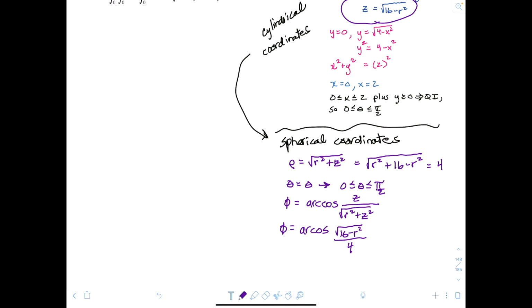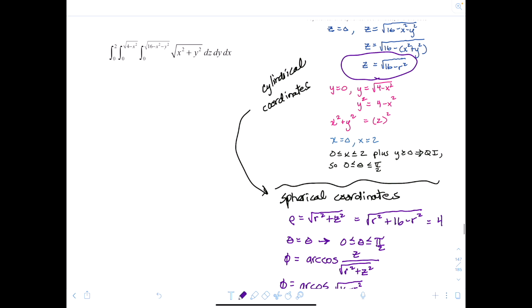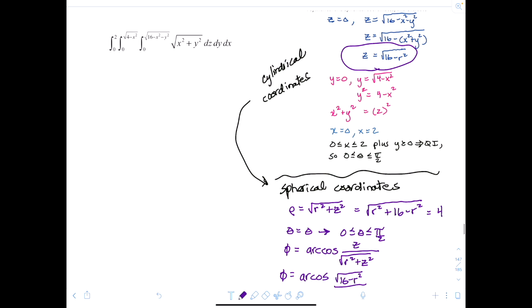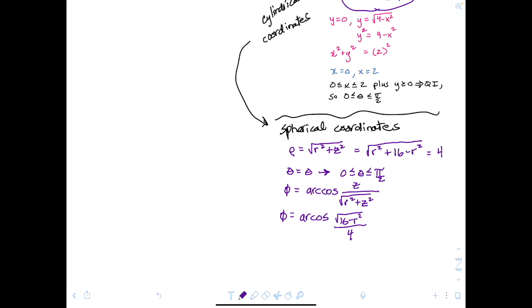And we also know that the radius, remember we had found that the radius, our r, was 2, right? And so for r equal to 0, we would have phi is equal to arc cosine of 1, right?